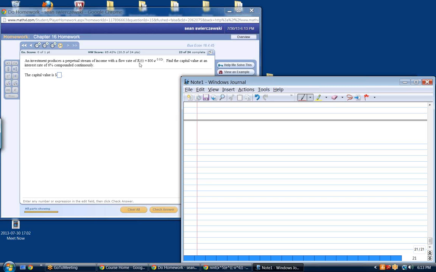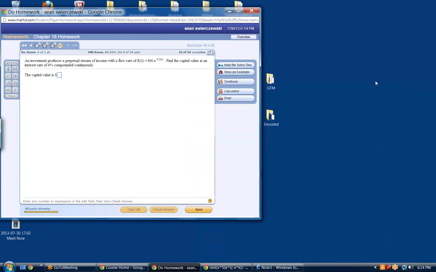No, well, that would be r prime of t. You're right. That's a derivative function. They don't call it that. But notice they don't say find the capital value at the end of 5 years. So they're not going to give us a t. The capital value, there's some other function here that I don't know what it is. So this may be one we have to do a help me solve this. That's fine.